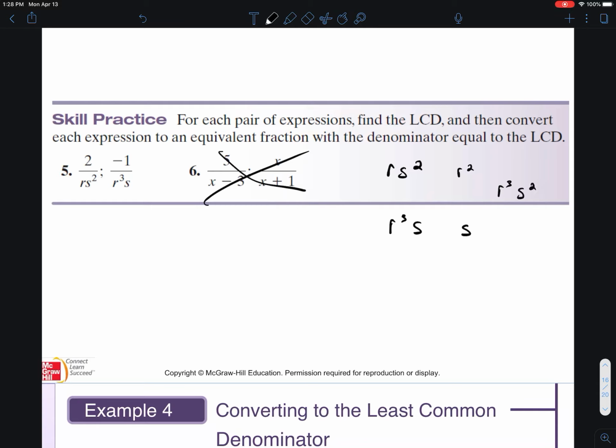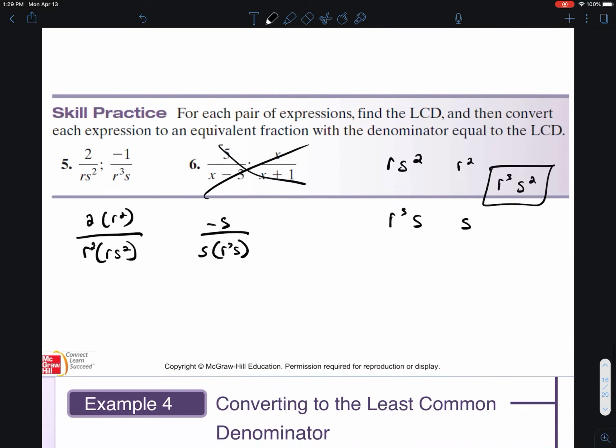So for this one, I'm going to multiply by r squared over r squared, and in my other one, I'm going to multiply by s, so it's going to be negative s over s, r to the third s. And then that'll give me my common denominator of r cubed s squared.